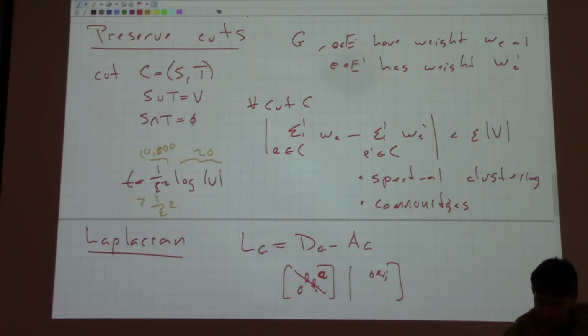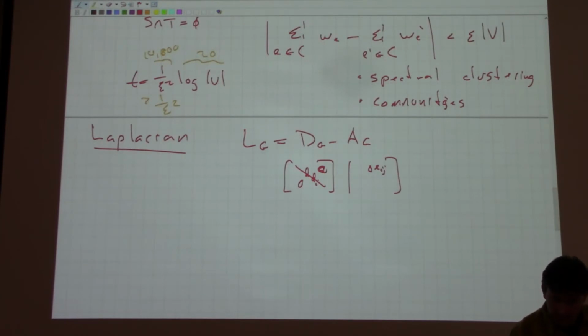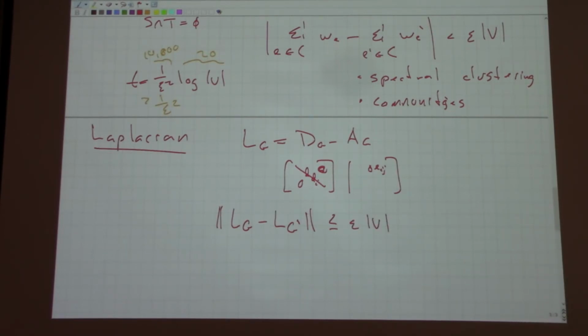And so, more generally, what you'd like to do is to preserve the Laplacian of G minus the Laplacian of G prime. You'd like this to be something like less than epsilon times V. So this property says that not only do you preserve all cuts, but there's a slightly stronger bound you can write where it's 1 minus epsilon.